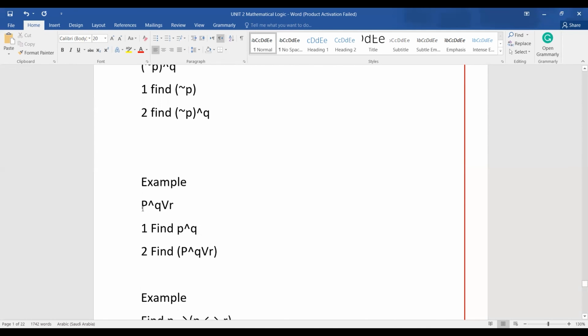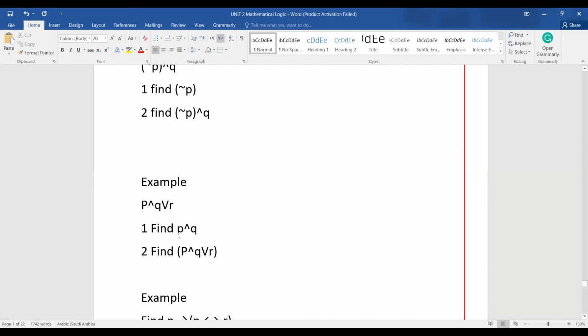Here we have P and Q or R. We have and, we have or. We have conjunction and disjunction. So which one are we going to solve first according to the rule? Conjunction. First conjunction, we're going to first solve the and, then we're going to solve the or.